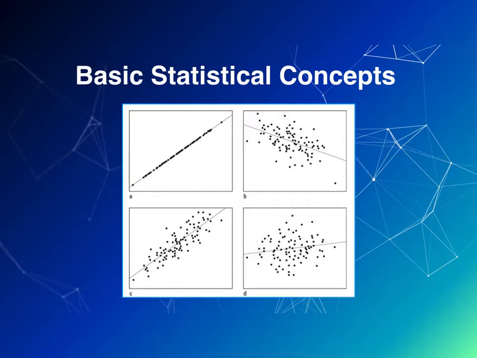Looking at C, the bottom left, you see a pretty strong relationship between your tested variable and the explanatory variable along the bottom axis. So that has a correlation coefficient probably around 0.75, 0.85, or thereabouts.